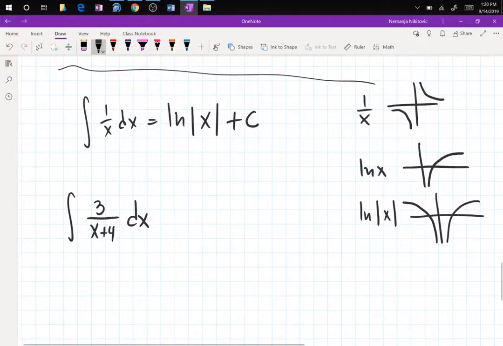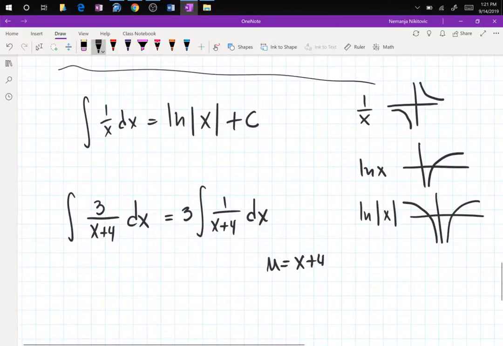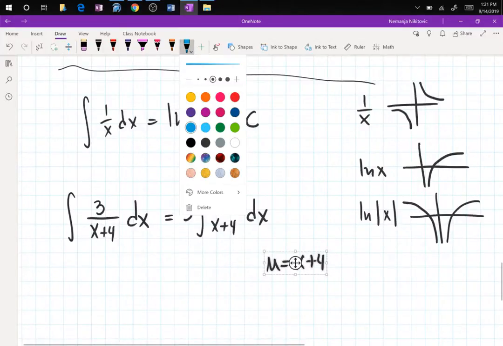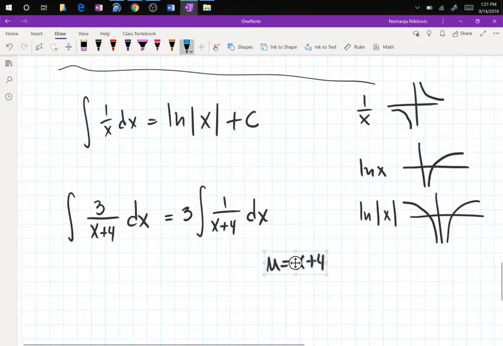You start these problems by kicking the constant outside, and then you say u equals x plus 4, du equals dx.